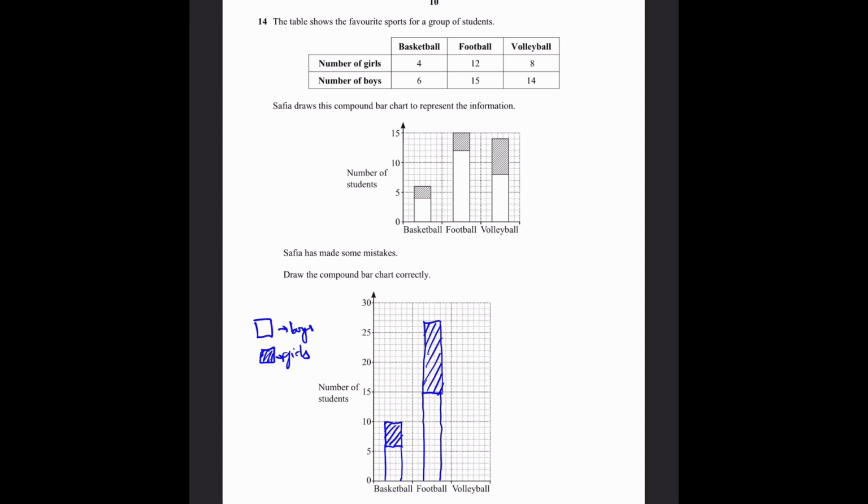I'm just using some line shading. Now for the volleyball, it's 14 boys and 8 girls. So you can draw a line till 14 like this, and then 8 girls, which is like this. And that will be our answer.